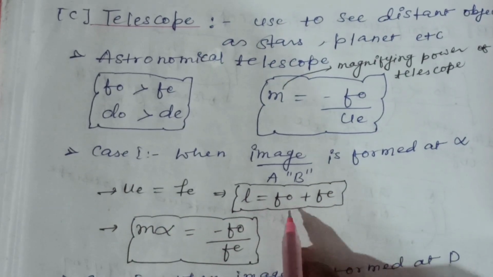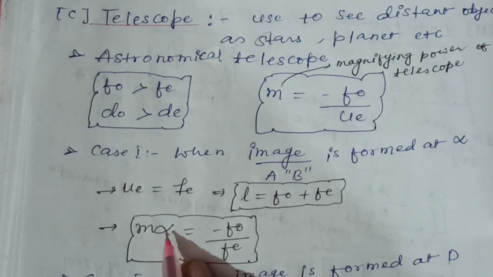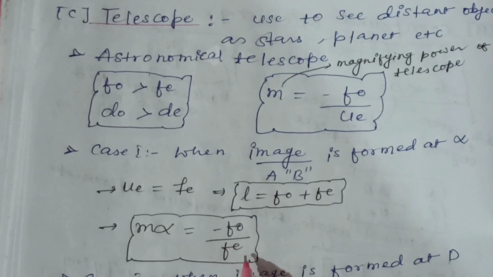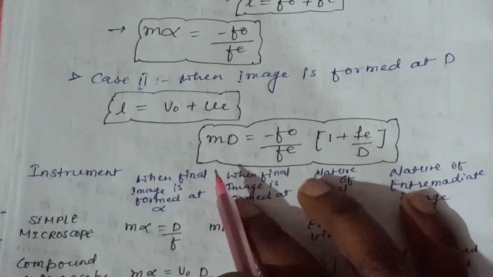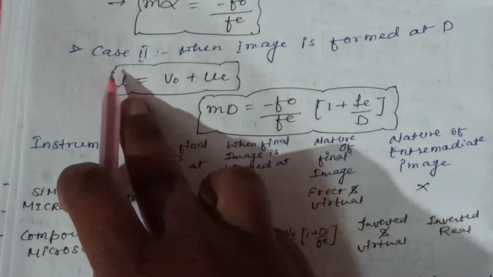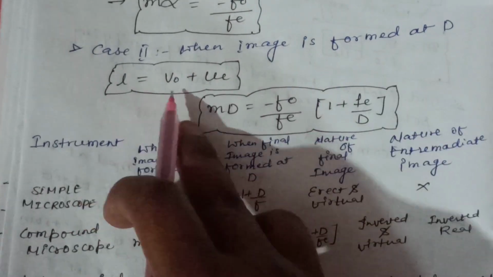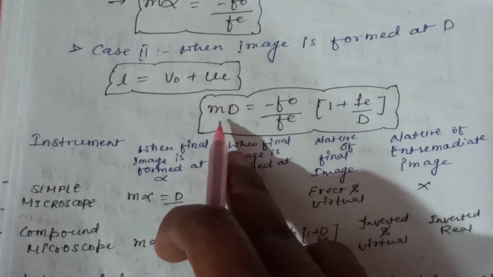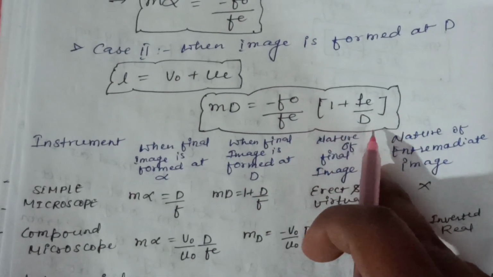L is equal to f naught plus f e. M infinity is equal to minus f o upon f e. Case 2: when the image is formed at D, L is equal to v o plus u e. M d is equal to minus f o upon f e in bracket 1 plus f e upon D.